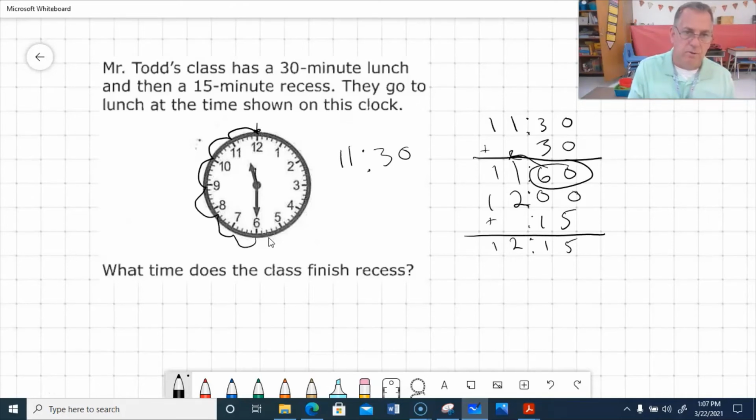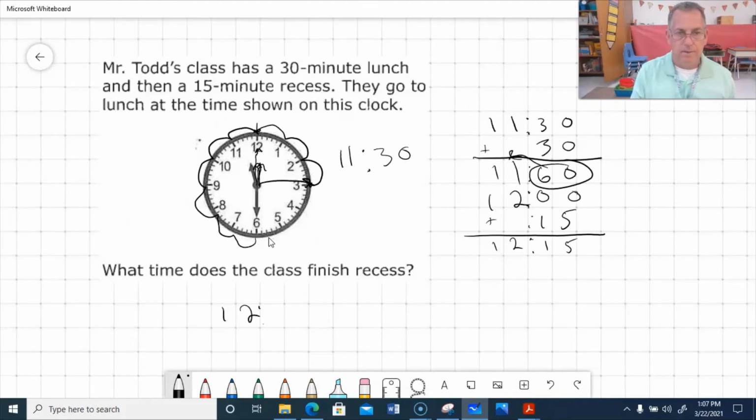And that puts us right at 12 o'clock. Our shorthand would be up there too. And then plus another 15 minutes would be 5, 10, 15. And now my long hand's going to be pointing over here, and my shorthand is still going to be just a little bit past the 12. And that is 12:15. So they finish recess at 12:15.